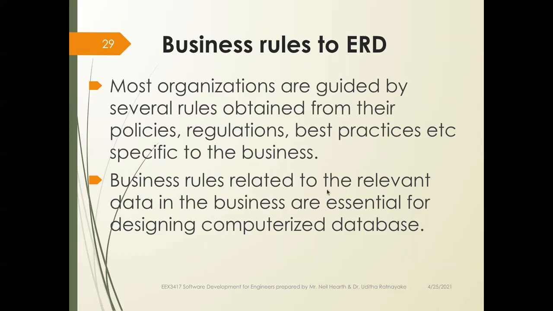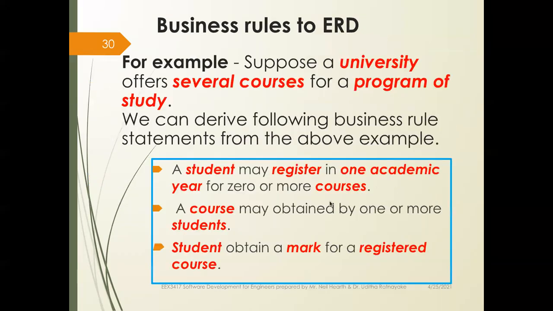Business rules related to the relevant data in the business are essential for designing a computerized database. For example, suppose a university offers several courses for a program of study. We can derive the following business rule statements from the above example. A student may register in one academic year for zero or more courses.